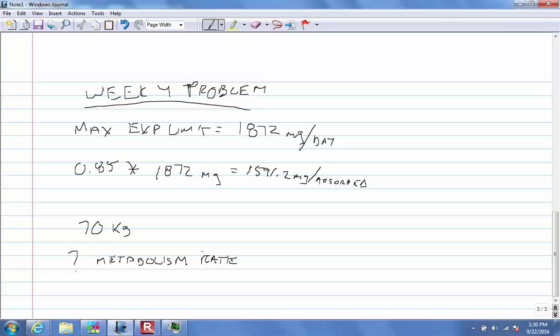And it's going to give you a rate per hour of how much can be metabolized per hour. So once we figure that number out, you'll be able to determine how long it's going to take to get rid of this number that we've got up here. We know this is how much they absorbed. We know they weigh 70 kilograms, and we know what their metabolism rate is when we look that up. And it's a fairly simple math equation to give you your final answer.